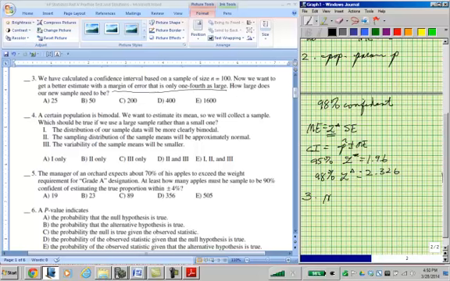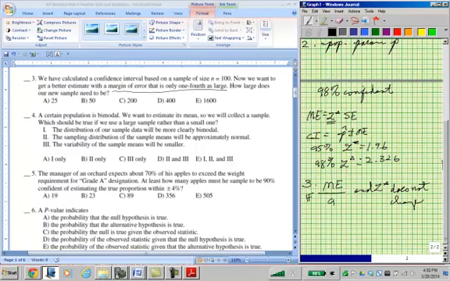Margin of error: if you want the margin of error divided by A and z star does not change, then n must be multiplied by A squared, okay, which means in this case the margin of error is divided by 4.